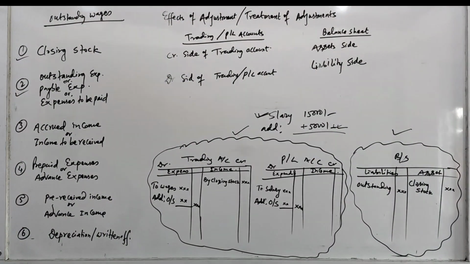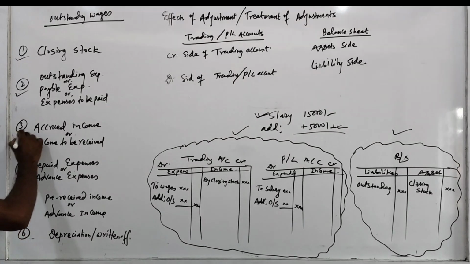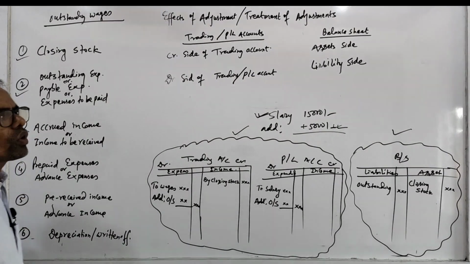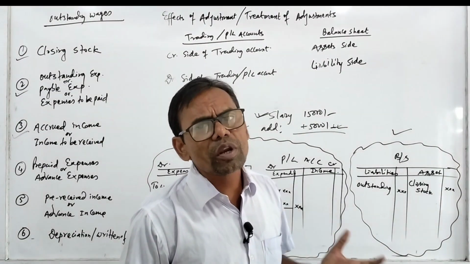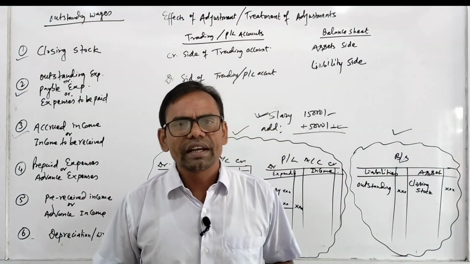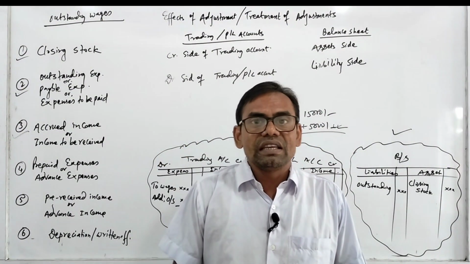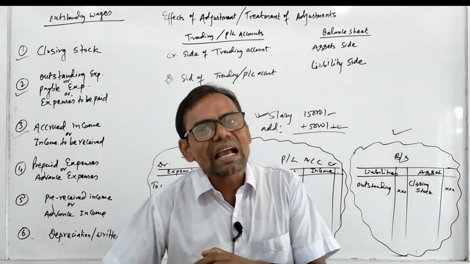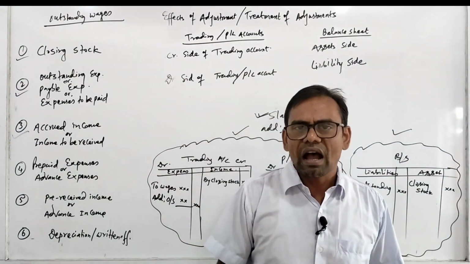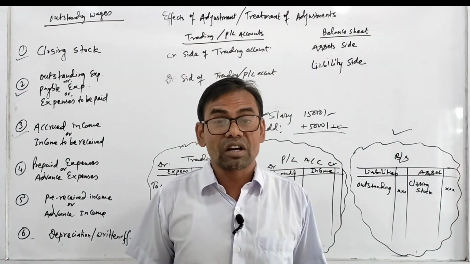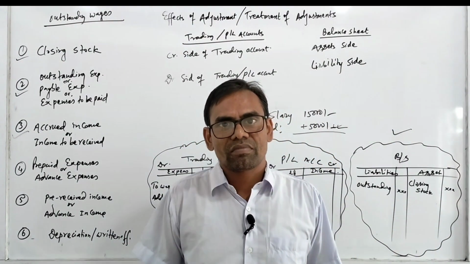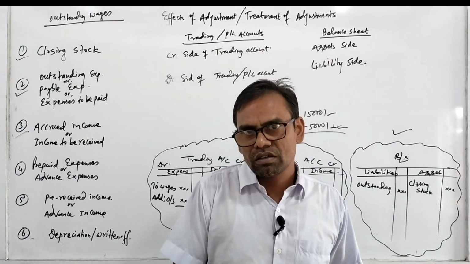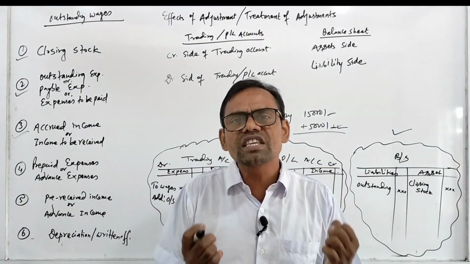Now next adjustment is accrued income. What do you mean by accrued income? It means the income is generated but cash is not received. Company has made income but not received. It means income to be received.